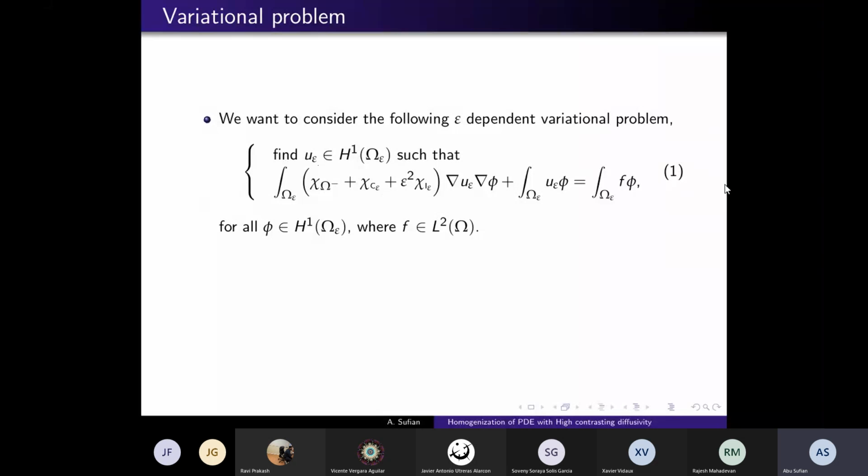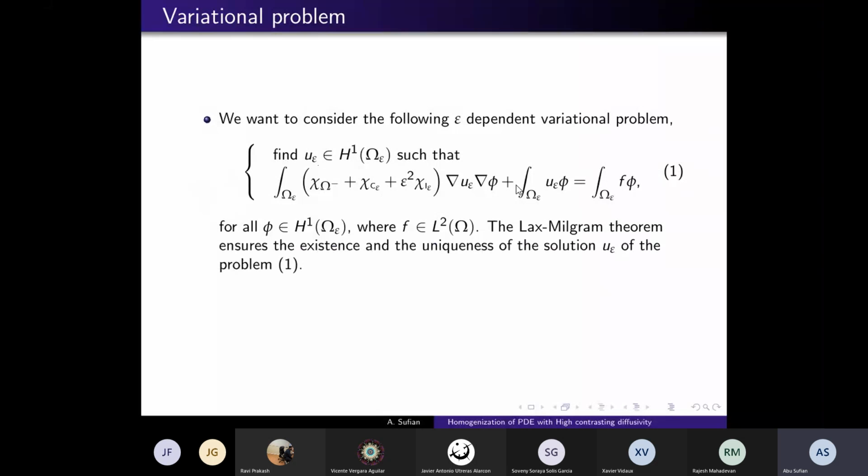Here chi means the characteristic function of C epsilon; whenever I use chi, it means a characteristic function. This is the standard second order elliptic variational form, and it should hold for all phi belonging to H1 of omega epsilon, where f belongs to L2 of omega. Throughout I will be taking f in L2 of omega. The Lax-Milgram lemma will guarantee the existence and uniqueness of U epsilon. So for every epsilon we have such a U epsilon.